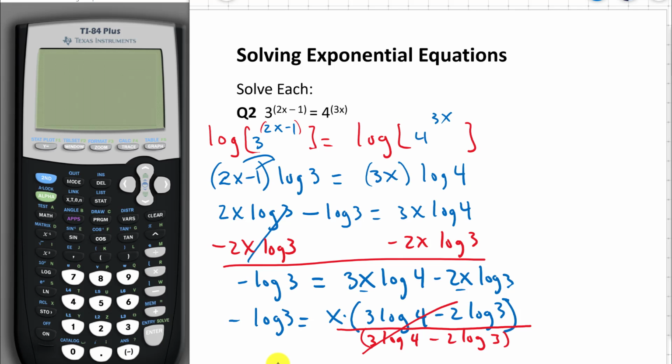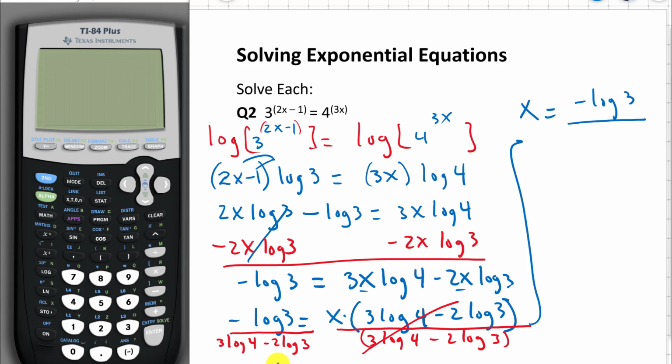So that group cancels completely, and I have to divide it on the other side. And so in the end, I finally got a solution. X is going to equal negative log 3 over 3 log 4 minus 2 log 3.